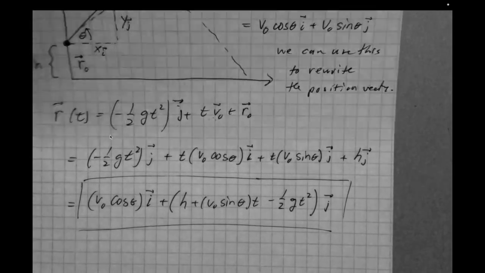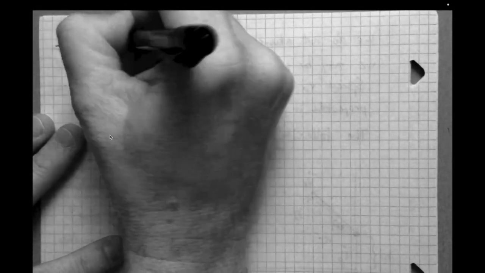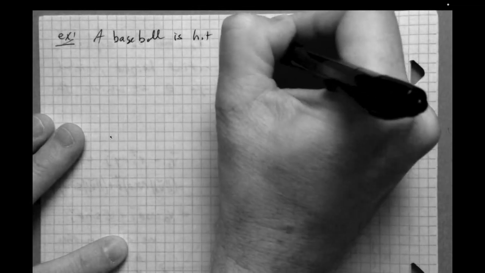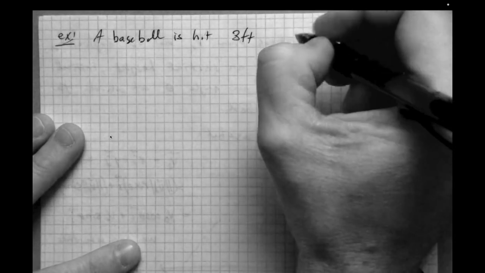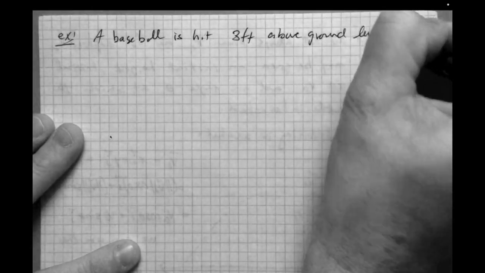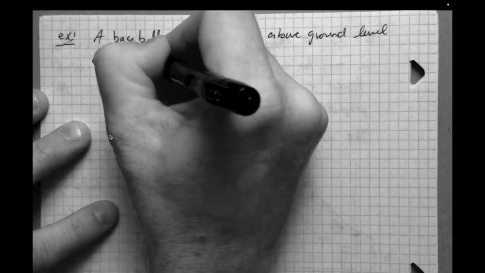Okay, so let's do an example, just a quick example using some of these. It won't be too quick, it'll take a second to write it down. A baseball is hit 3 feet above ground level at 100 feet per second.